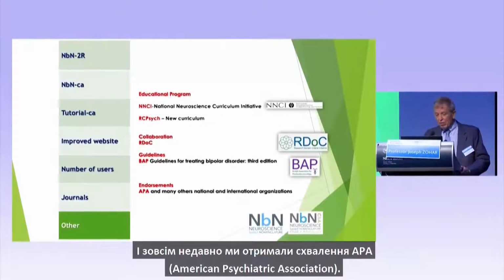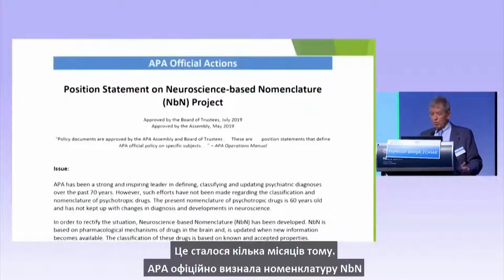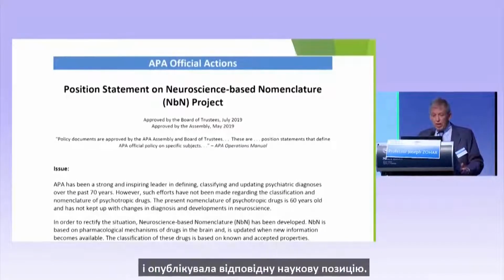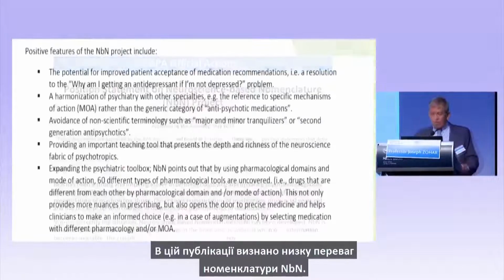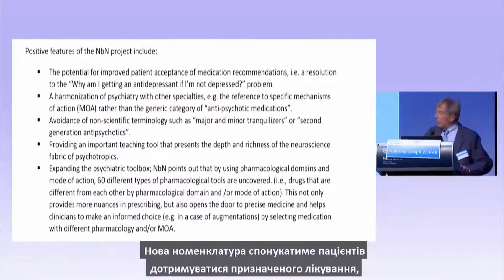And just recently, we got an endorsement from the APA. This was a couple of months ago, and the APA gave an official acknowledgement and put out a position statement on NbN.